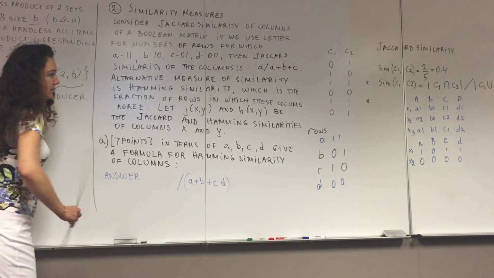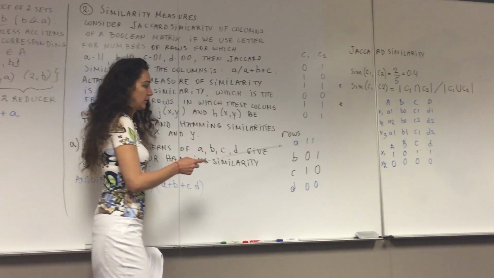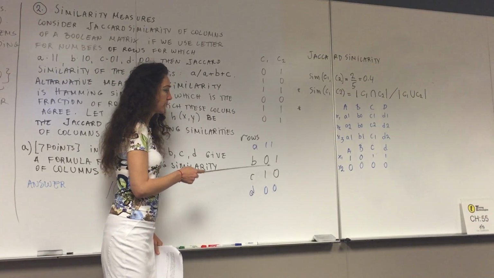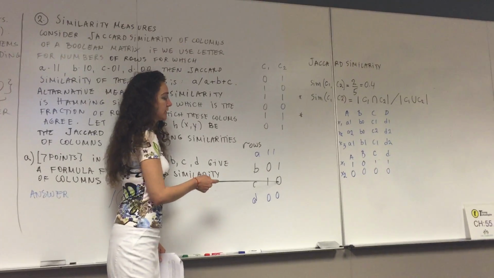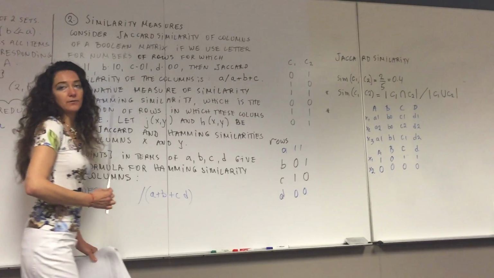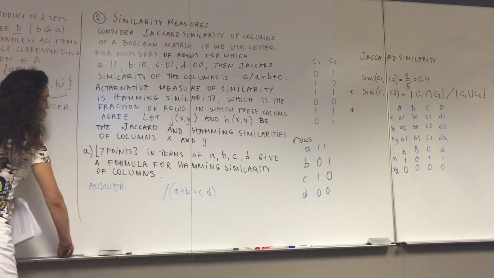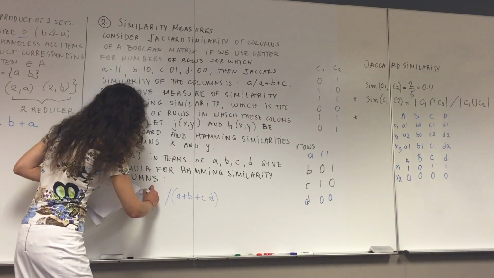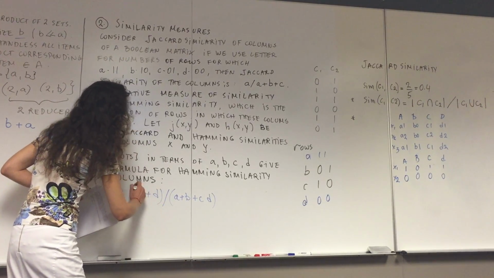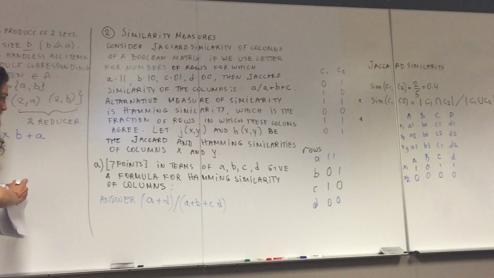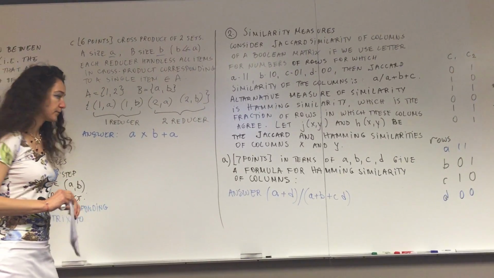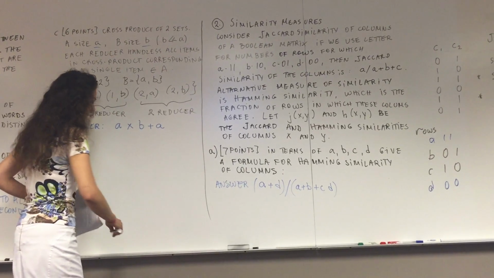The ones that are the same, they will agree upon. So if they both have a 1, they will agree. If they both have a 0, they will agree. If one has a 0, one has a 1, they don't agree on those. They have different values. So the ones that they agree on are A and D. The B and C are different, so they don't agree on that. So this is the formula.